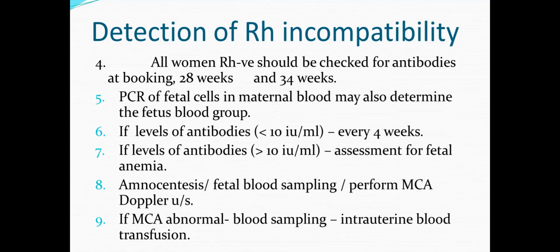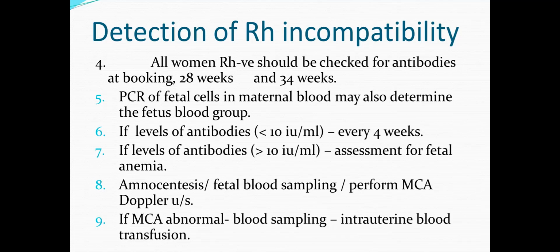First, we are going to do the middle cerebral artery ultrasound, in which we can measure the peak systolic velocity. If the peak systolic velocity is normal, less than 1.5 MoM, that is multiples of the median, then we have to repeat the middle cerebral artery Doppler once a week.